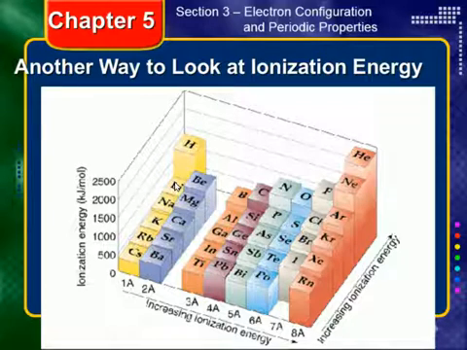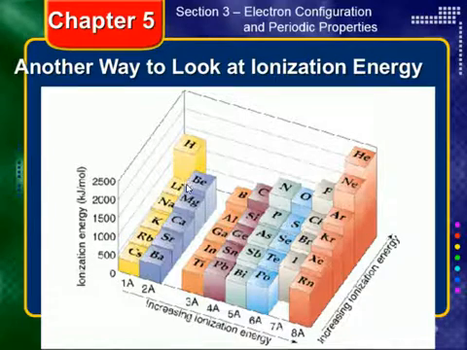But if we go down one group, if you remember from an earlier slide, the ionization energy should decrease. Notice it goes down a huge amount. And so the ionization energy for lithium is very low. Sodium is very low. And we're actually going to continue to go lower. For potassium, it's low. Rubidium, it's lower. Cesium, it's even lower than that.